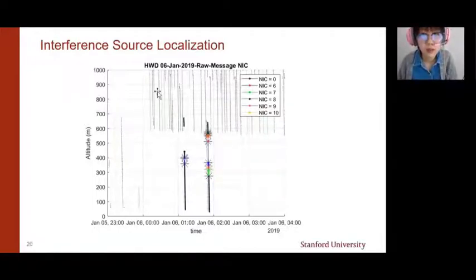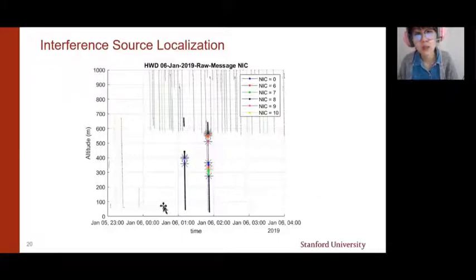And the color of the dots shows the value of the NIC parameter. As we know, the lower the NIC parameter, the lower the accuracy and integrity of that position information. So here NIC equal to 0 is pretty much equivalent to saying the current position information is close to unknown.